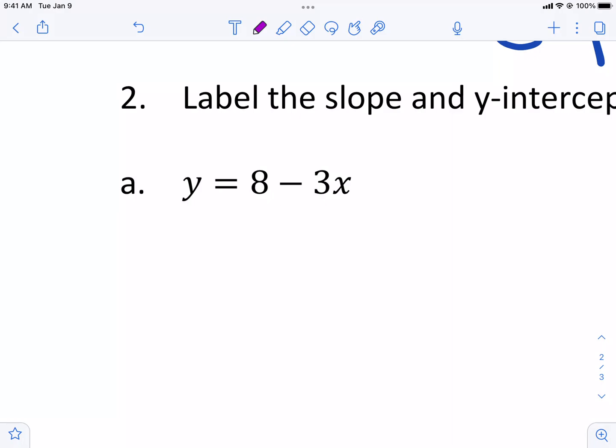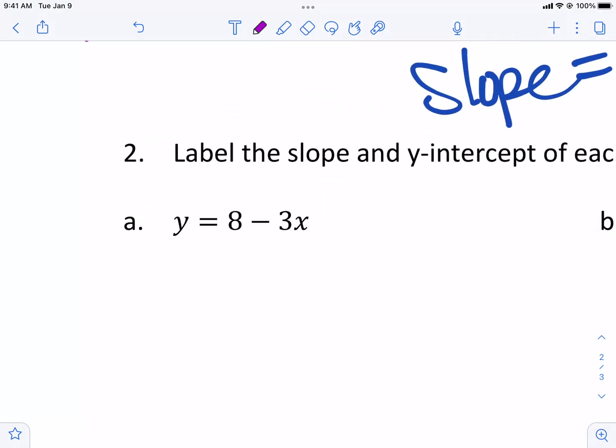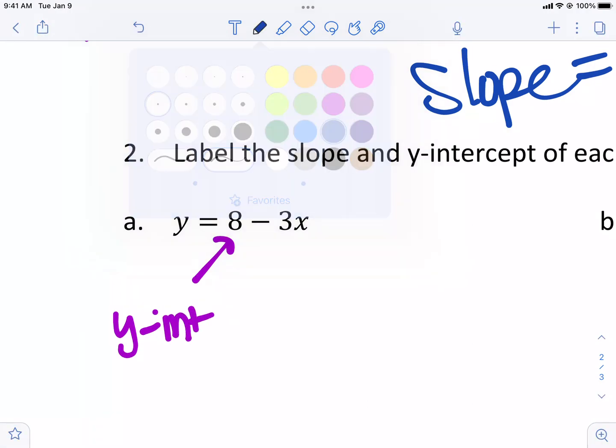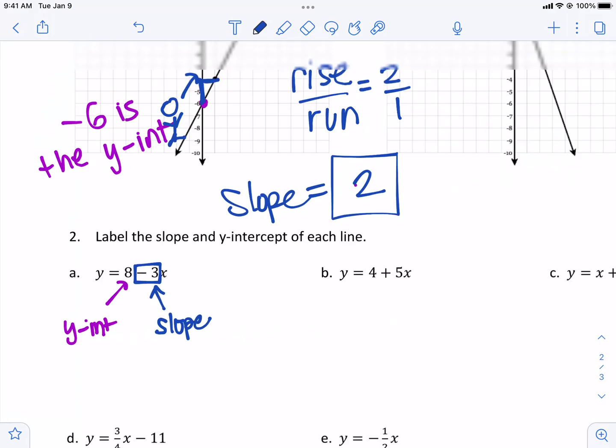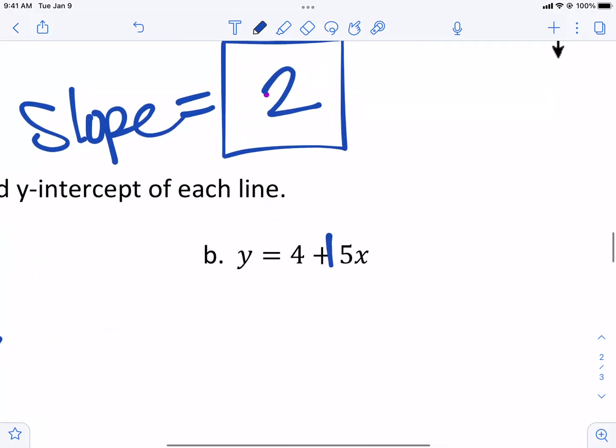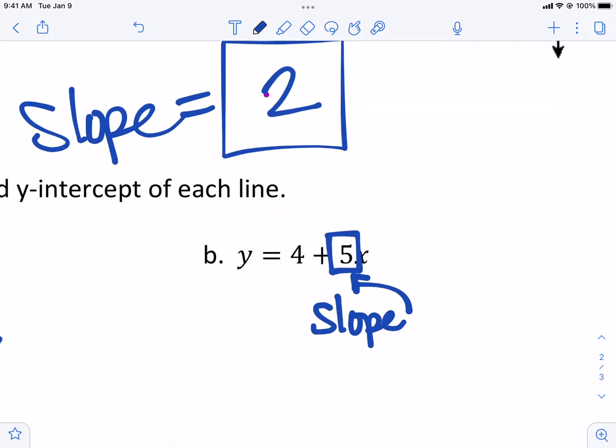So if it's in y equals, the y-intercept is the number by itself. So here's the y-intercept. The slope is the number next to the x. So here our slope is -3. In our second example, the slope is 5, and the starting value, if x is 0, would just be 4.